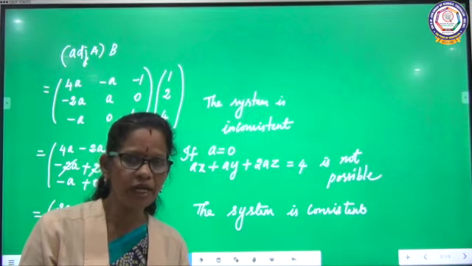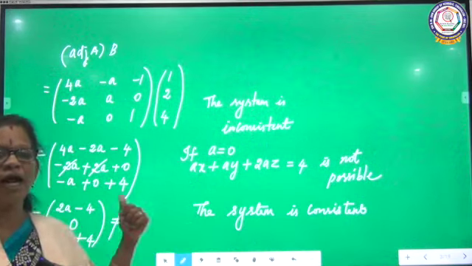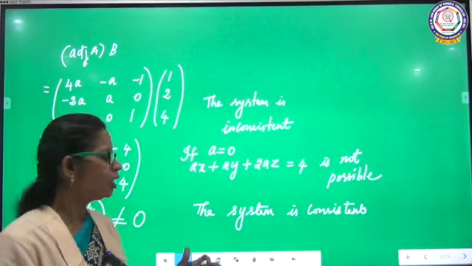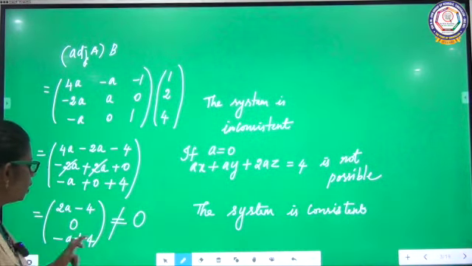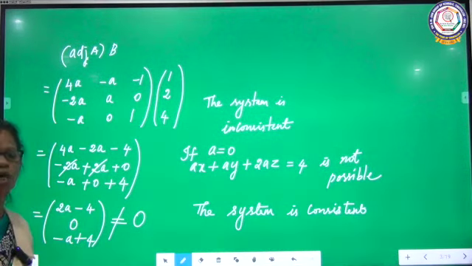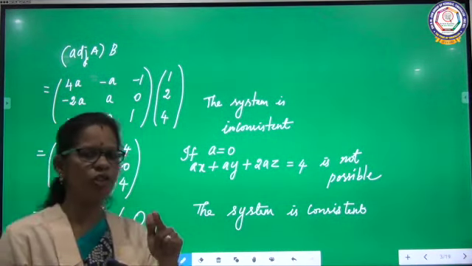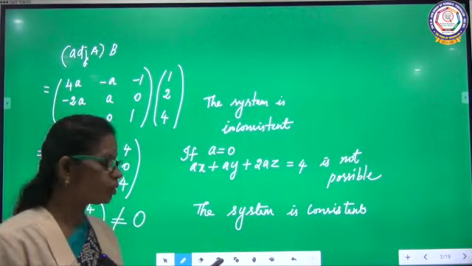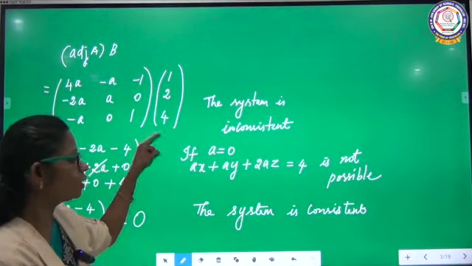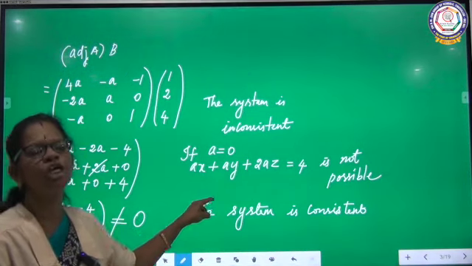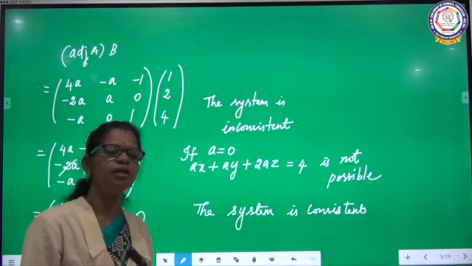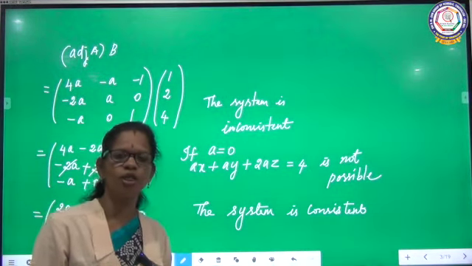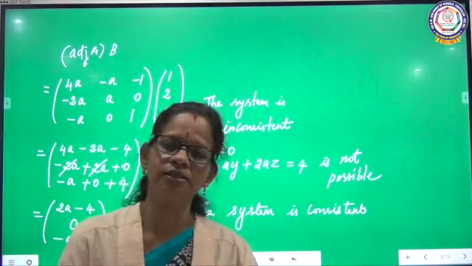If determinant A equal to 0, we want to move to the adjoint of A into B. Adjoint of A into B is not equal to 0. If it is not equal to 0 means your conclusion is it is inconsistent. That is right. When you substitute A equal to 0 in the third equation, it won't be satisfied. That's why the final conclusion is the system is consistent.